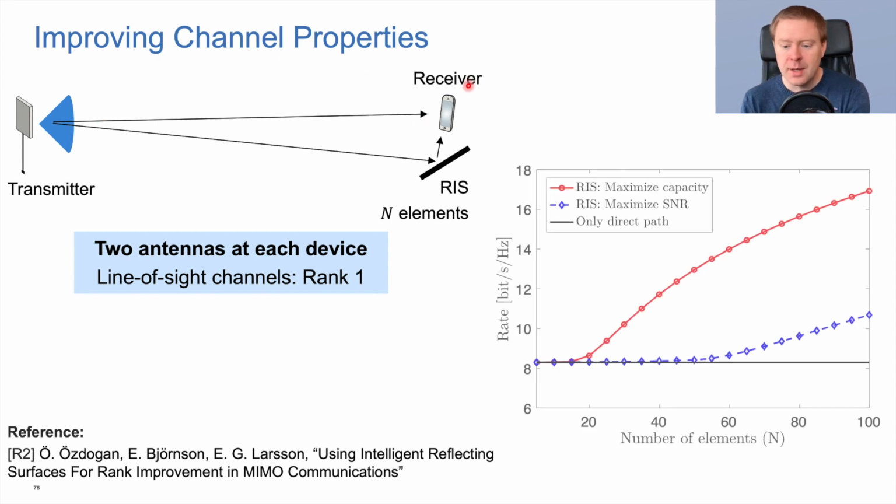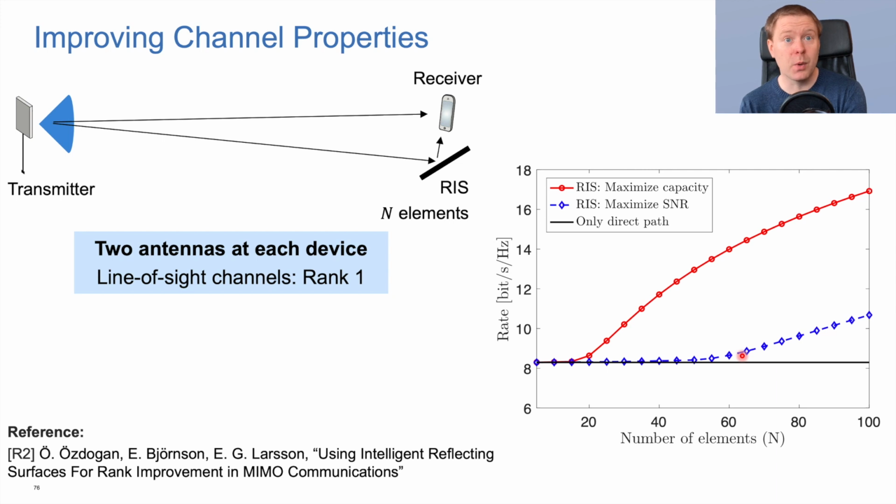And if I now tune my RIS to increase the signal-to-noise ratio, then I'm showing here the rate in bits per second per hertz as I'm going up in number of elements. And the black solid line here is when I don't have any RIS at all, so it's just a constant value. I can see that if I configure the surface to maximize the SNR, under the assumptions that you can find in this paper here, I need to have at least 50 elements before the RIS actually starts to be effective.